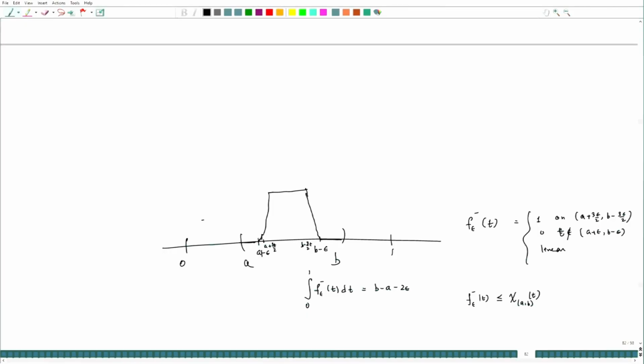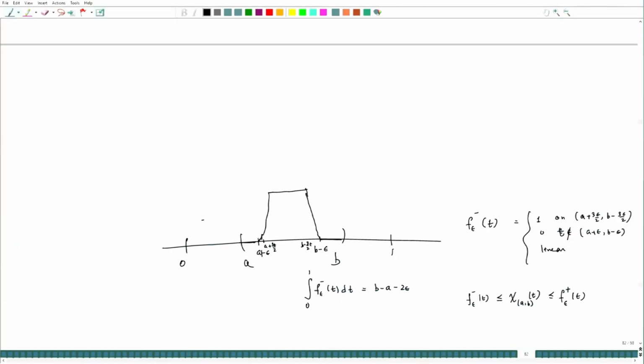The indicator function of a b takes the value 1 on a b, and you are chopping it off, which is less than 1. This is true for all t, which is again less than or equal to f epsilon plus of t, because there you are putting the ear outside a b. So this is always true.